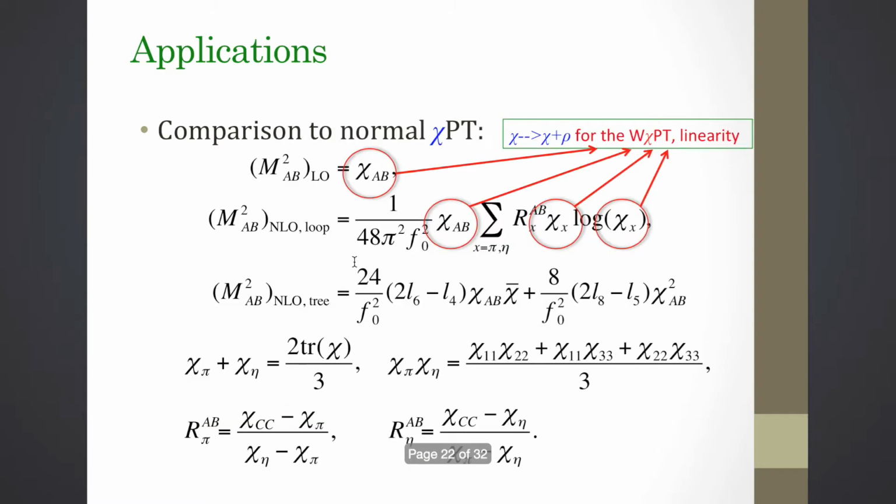If we compare it to the result from continuum ChiPT, we will find that the leading order mass and next leading order loop correction will just be the continuum ChiPT result with chi replaced by chi plus rho, while the next leading order tree contribution is equivalent to the continuum ChiPT result in the continuum limit, as expected.